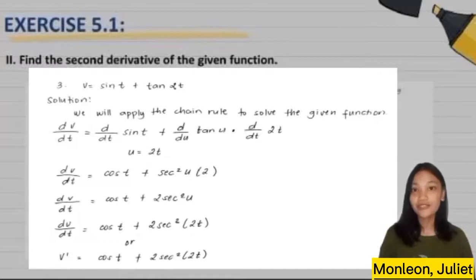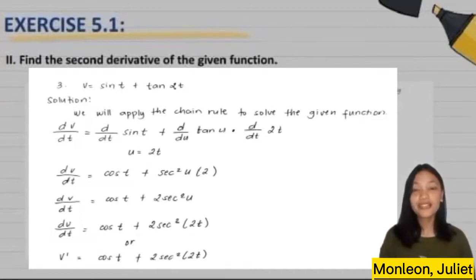So, the derivative of sine t with respect to t is equal to cosine t, while the derivative of tangent u with respect to u is equal to secant squared u. The derivative of 2t with respect to t is 2. So, the derivative of v with respect to t is equal to cosine of t plus secant squared u times 2.